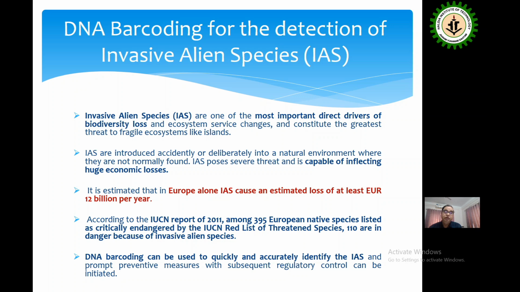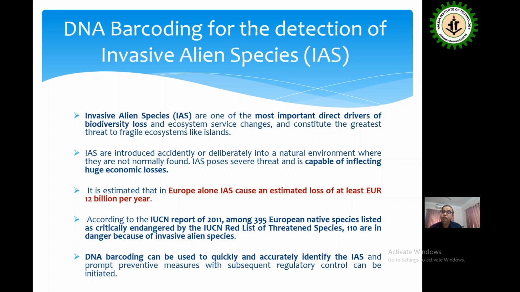So the quick detection of the invasive alien species is very important. So DNA barcoding can be used to quickly and accurately identify the invasive alien species, and prompt preventive measures with subsequent regulatory control can be initiated.